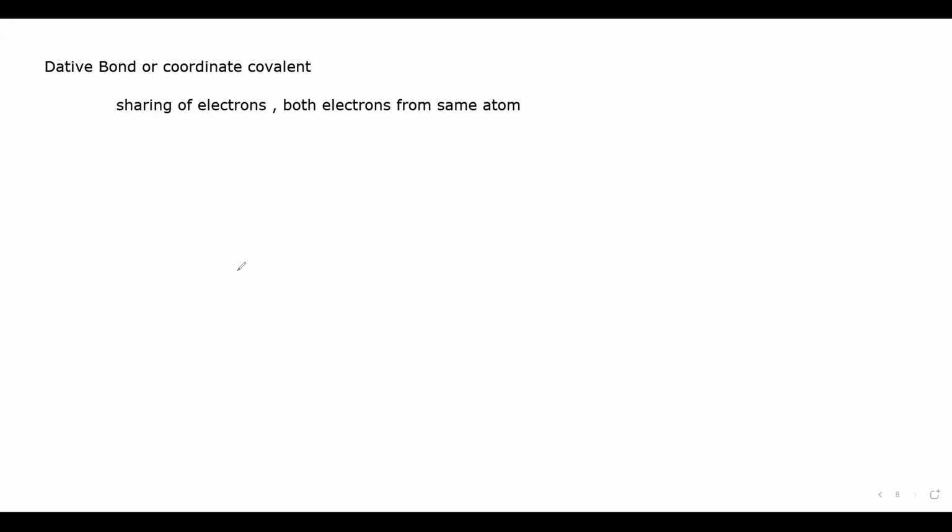Example, we have ammonia in which nitrogen is forming a bond with hydrogen and there is a covalent bond. And nitrogen is having a lone pair. So all of the atoms in the structure are stable.